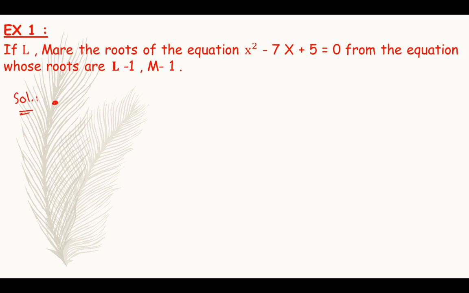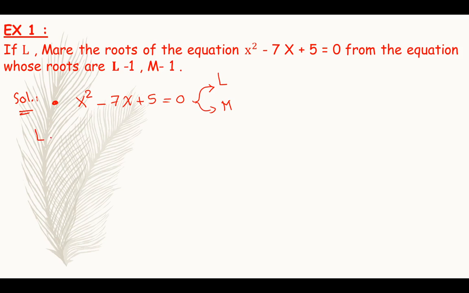The first step: we are going to take the given equation, x power of 2 minus 7x plus 5 equals 0. This equation has two roots, L and M. From this equation, we will find the sum of the roots.